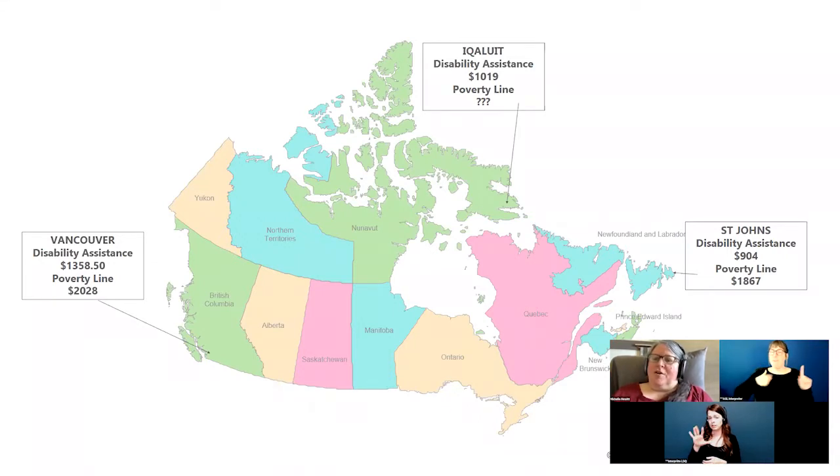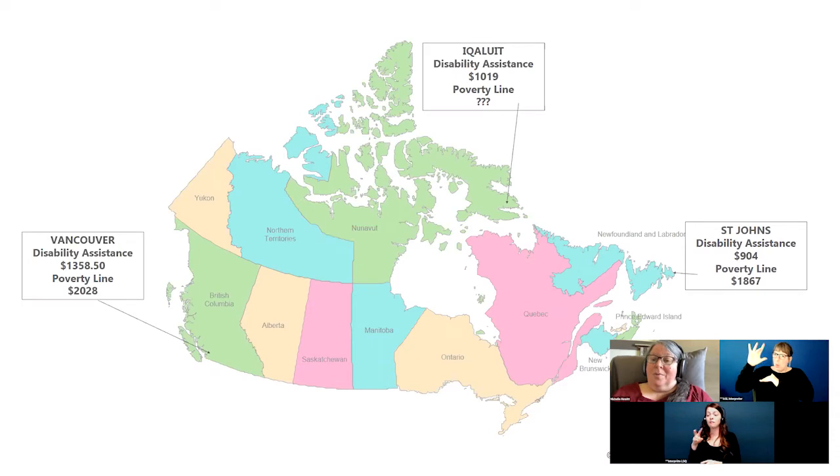For example, if you live in Vancouver, the provincial disability assistance is $1,358.50, but the official poverty line is $2,028. Whereas in St. John's, Newfoundland, the assistance rate is $904, whereas the official poverty line is $1,867.